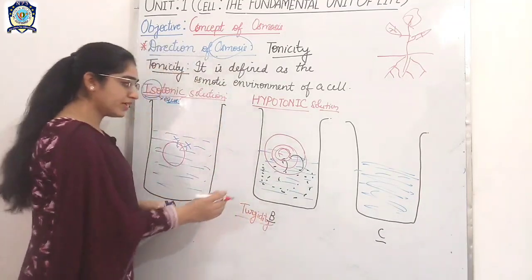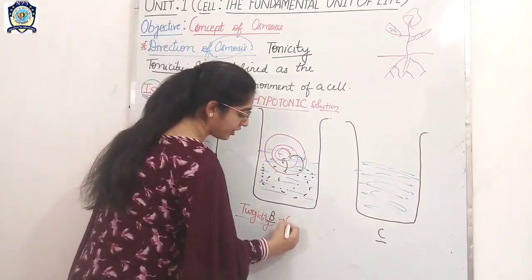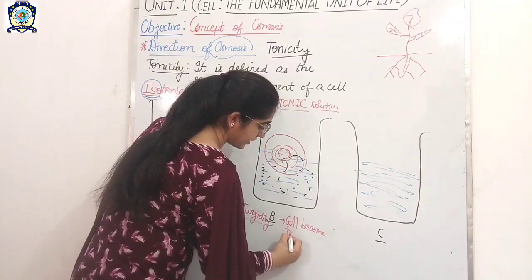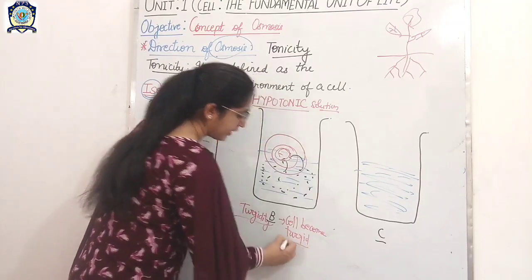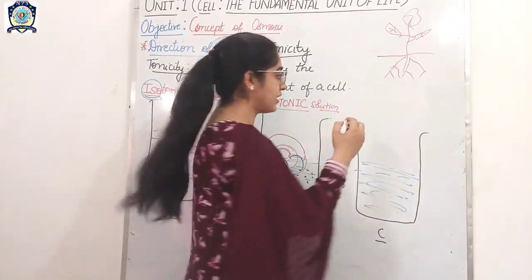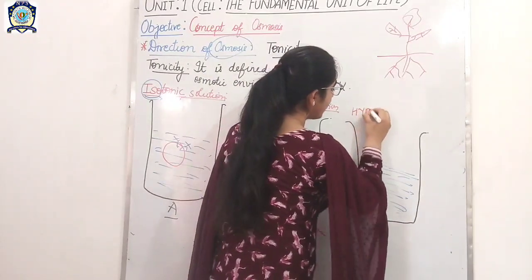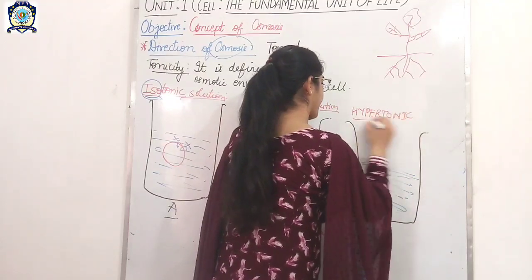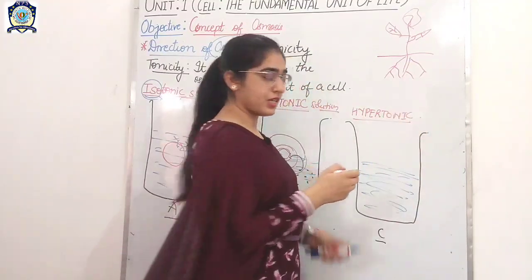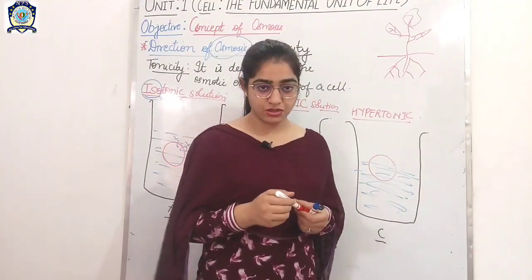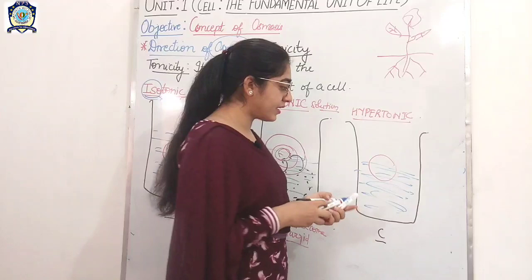Okay, so in this case, the cell becomes turgid. In the third solution, which is the hypertonic solution, again if we keep the cell in the hypertonic solution, then what will happen?